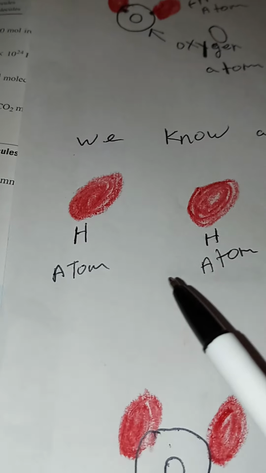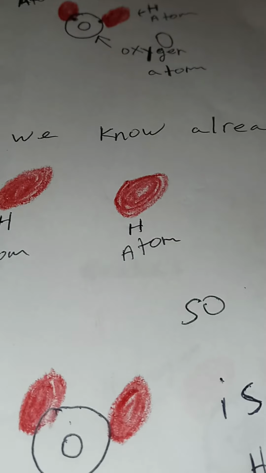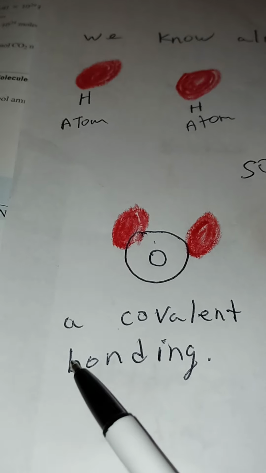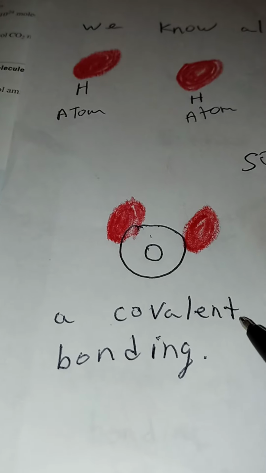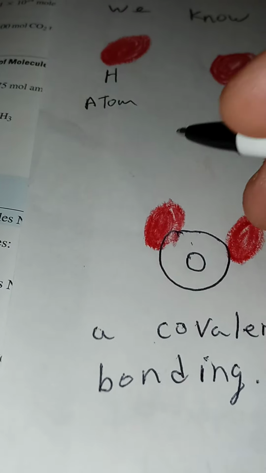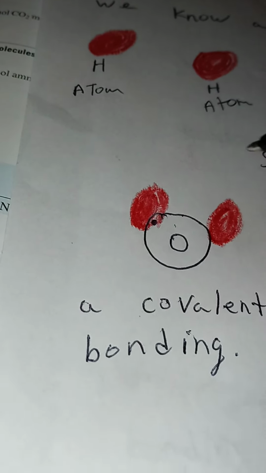Hydrogen atom plus hydrogen atom equals H2, which is a molecule, a pure molecule, because you have two pure atoms. Then these two hydrogen get together with the oxygen through a chemical bonding, a covalent bonding, because you have a little dot here, which is an electron for the hydrogen atoms.